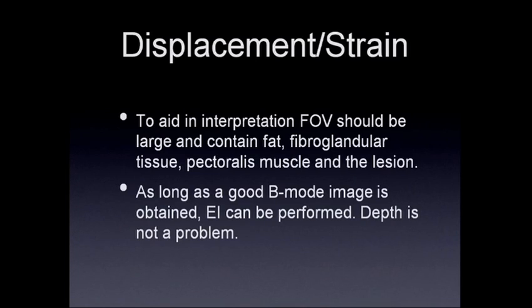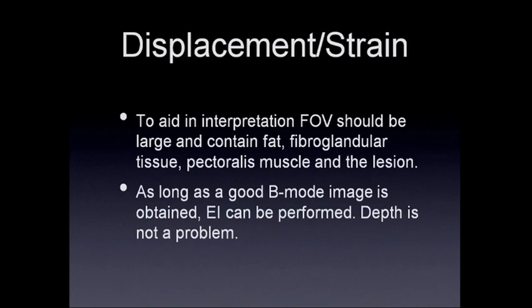To avoid interpretation errors, it's really helpful if you increase your field of view as large as possible and always try to contain fat, fibroglandular tissue, pectoralis muscle, and the lesion. By doing this, you have fat as being the softest tissue and pectoralis muscle being the hardest tissue if there is no cancer. So fat is white, fibroglandular tissue is gray, and pectoralis muscle is black.